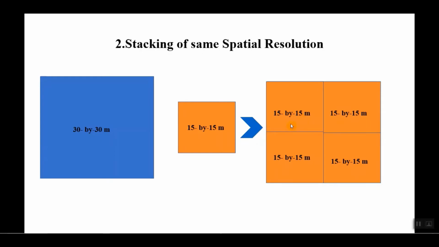So when you stack different spatial resolution bands, it leads to an increase in file size by 4 times. Also, most of the analysis in image processing and remote sensing is based on the neighborhood. By doing this, the neighborhood has been changed. One pixel has neighborhood itself.